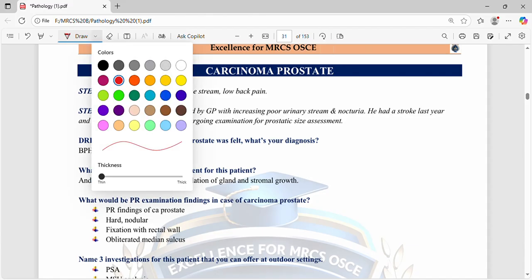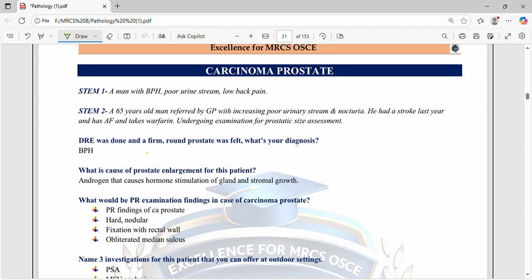Now you can compare this: DRE was done and a firm round prostate was felt. And here, hard, nodular, fixation with the rectal wall, obliteration of the median sulcus. So when it's nodular, it's CA. When it's firm and smooth, it's BPH.